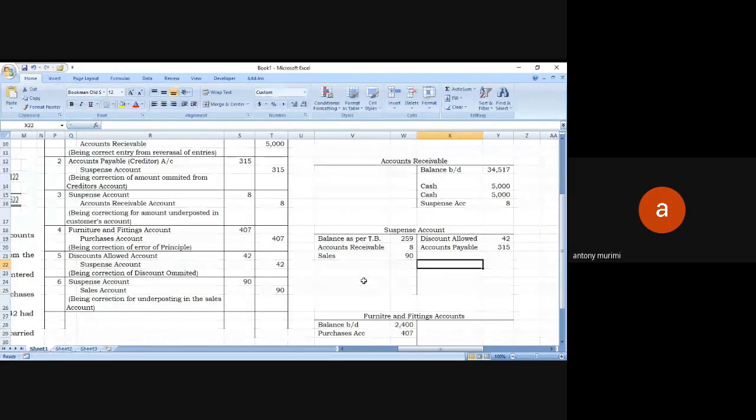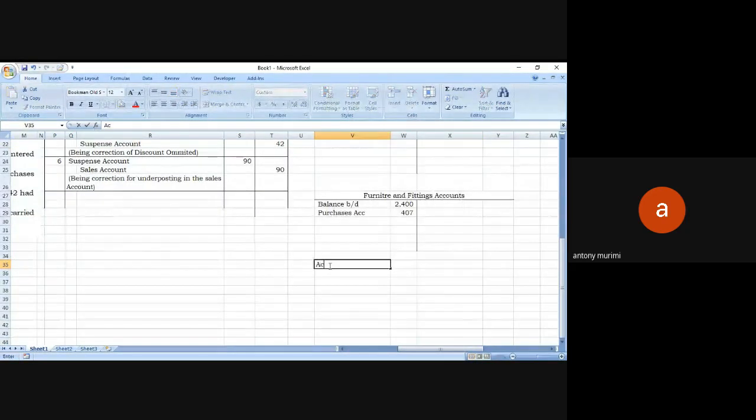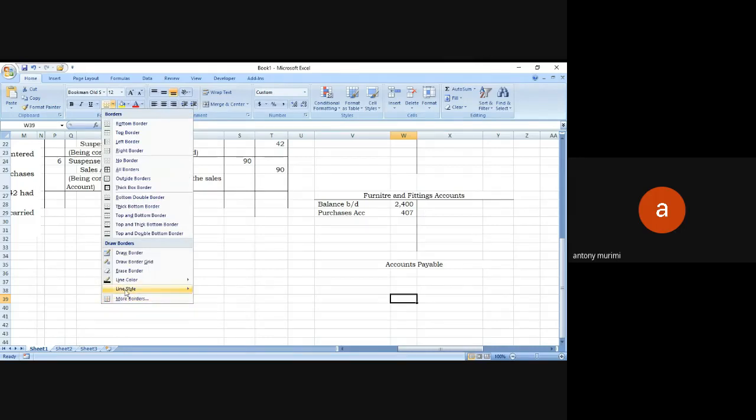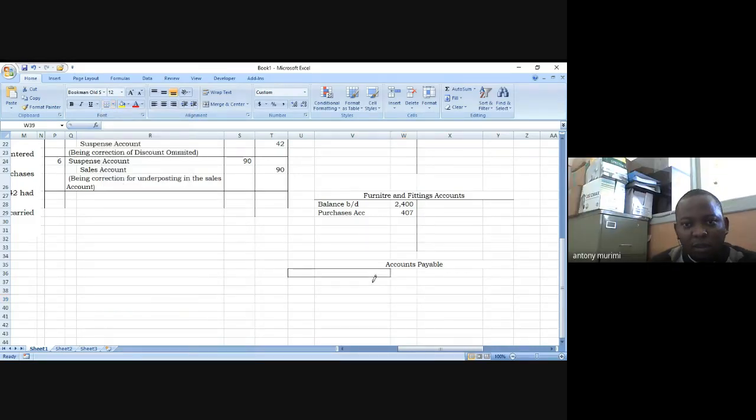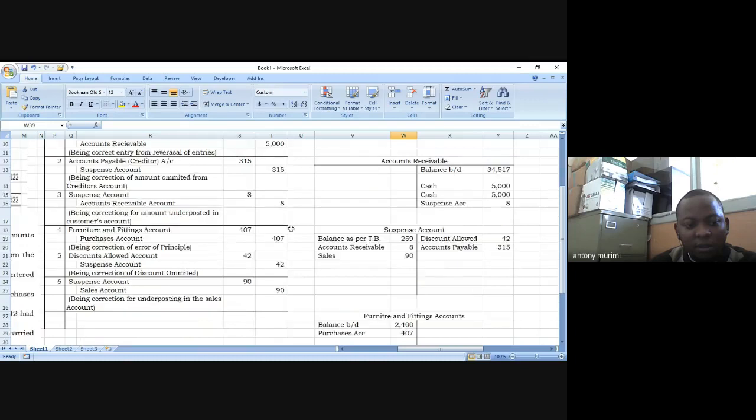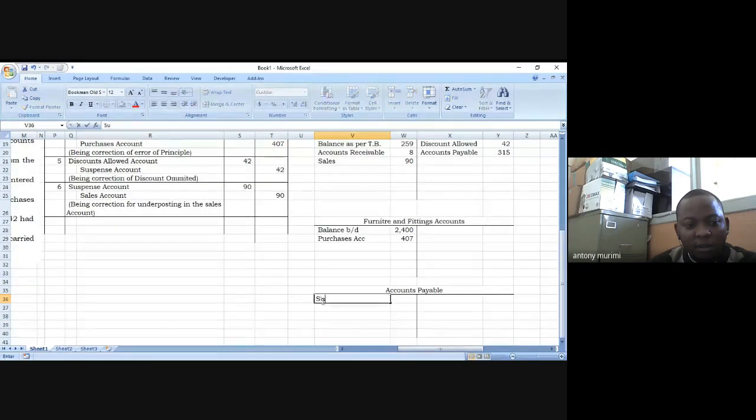And debit accounts payable. You don't have an accounts payable account as yet, so we open one. According to what our journal says, accounts payable, we shall debit by suspense account.